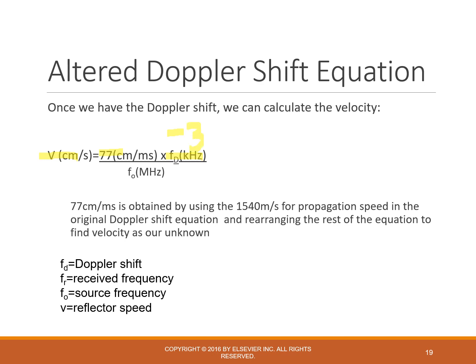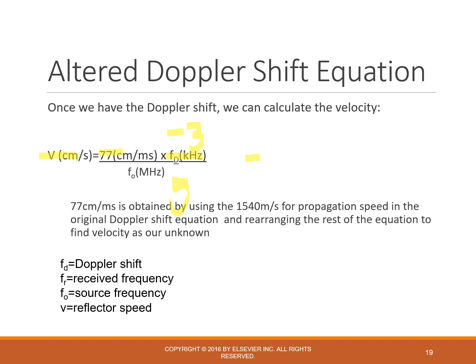And then they divide that by the original operating frequency, which would be our 5. So in this case, they could use 77 times 3 and then divide that by 5, and that would give a negative velocity, whatever the math is. That would say it was going at a negative velocity away from me.